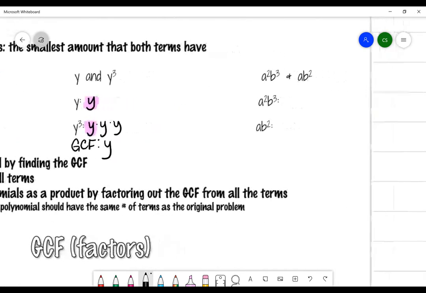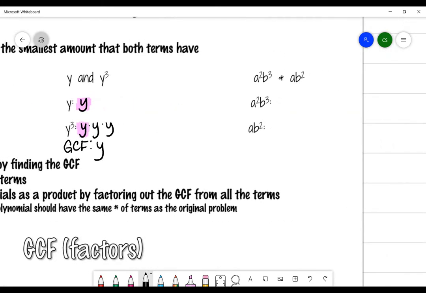All right, let's do one that has 2 variables. So a squared b cubed plus a b squared. Remembering that the exponent tells me how many variables I have. So a squared means I have 2 a's. B cubed means I have 3 b's. For the second term, a just means I have 1, and b squared means I have 2.